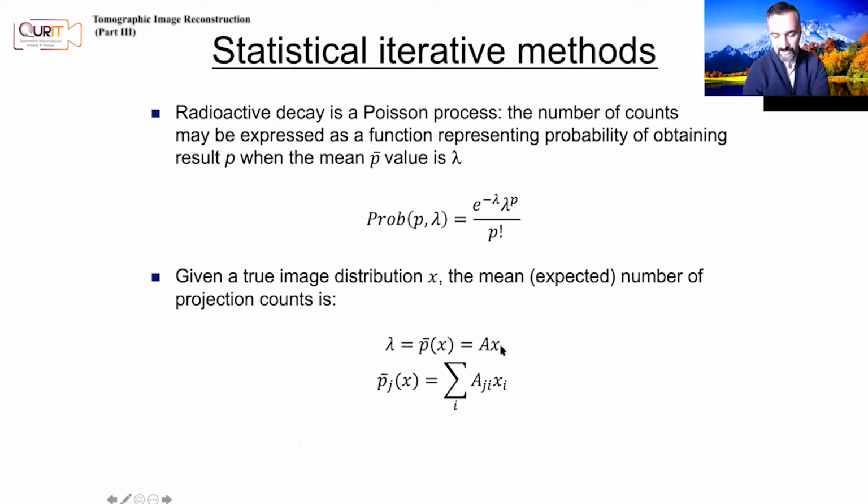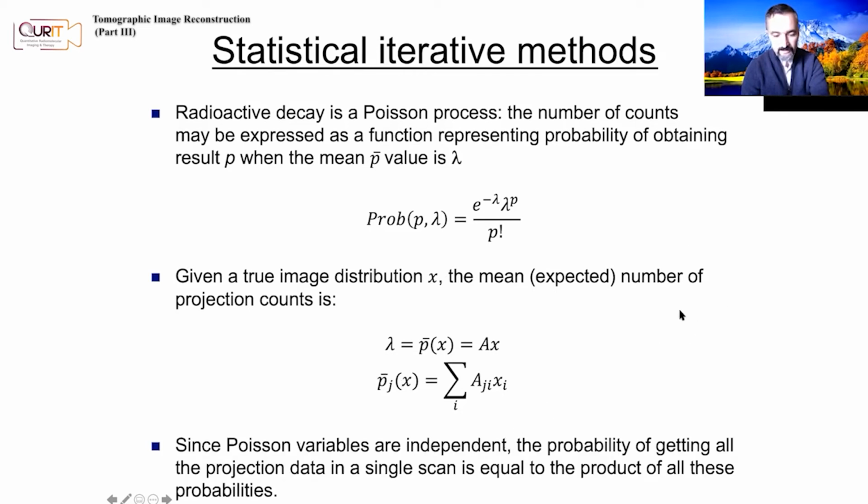What is that X, the true object value, whose forward projection, which is supposed to give you the expected number of events, is close enough to the actual measurements that you made? Okay, so hang in there. So we write it out like this, we get this formula here.